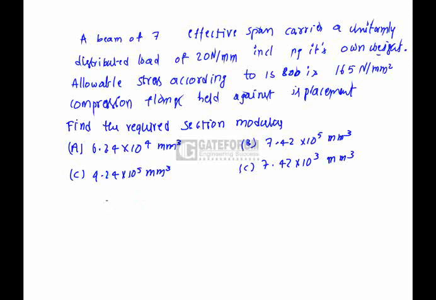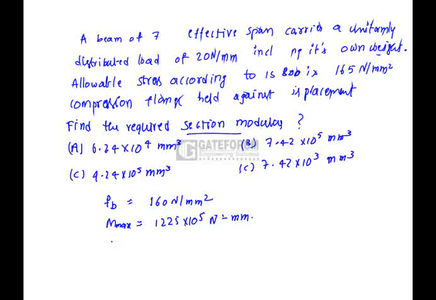In this problem, we know that the allowable bending stress is given as 160 Newton per millimeter square. We know the maximum bending moment, M max, is 1225 into 10 to the power of 5 Newton millimeter from the previous question. What we have to find is the section modulus Z. We know the relationship M max by section modulus is equal to FB, the allowable bending stress.